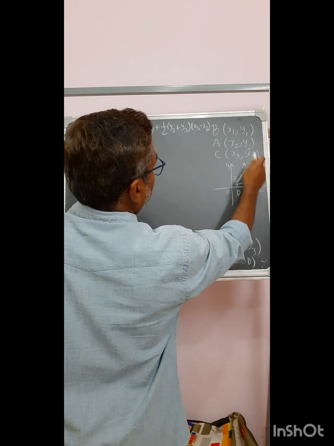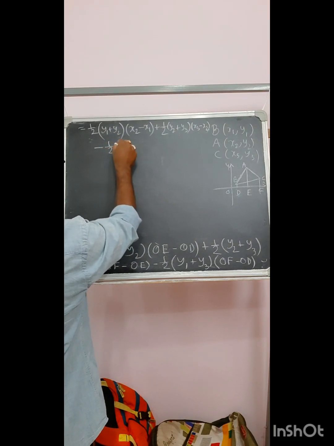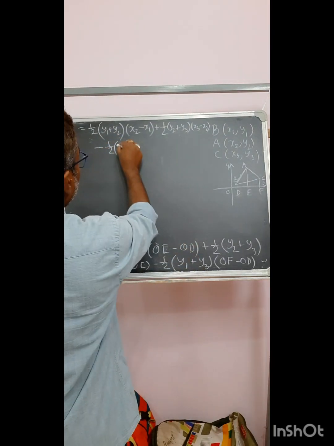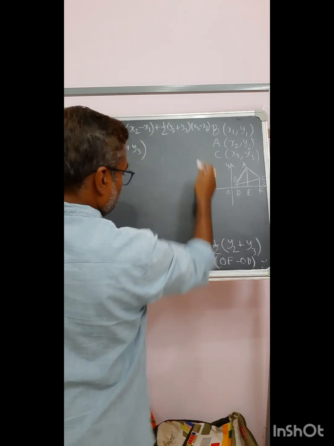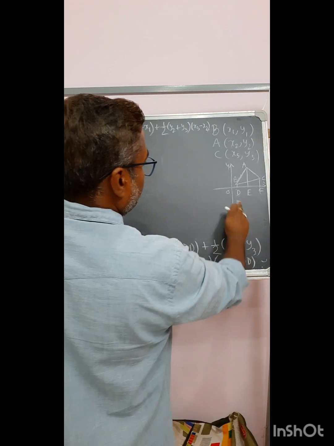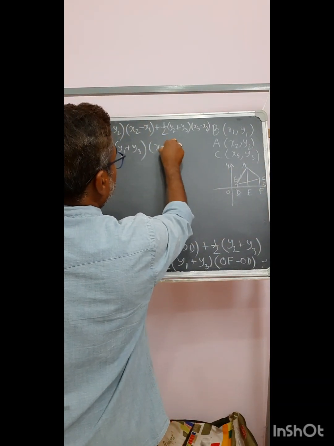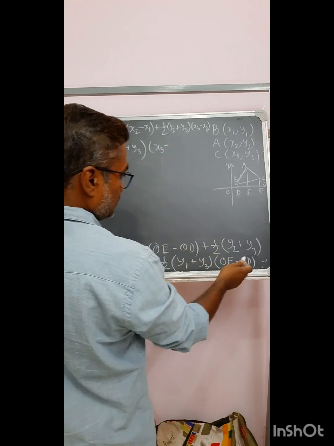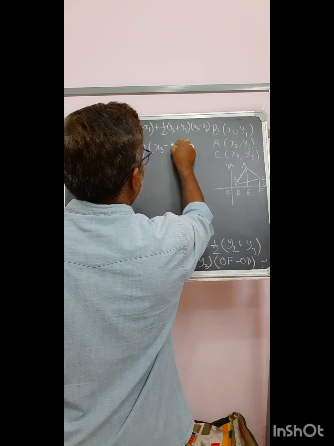Then come to the third one, half into Y1 plus Y3 into OF. OF is the X part of C, which is X3, minus OD, the X part of B, that means X1.